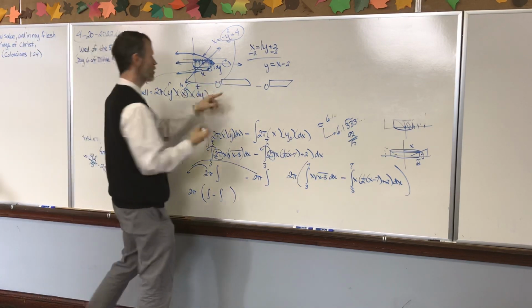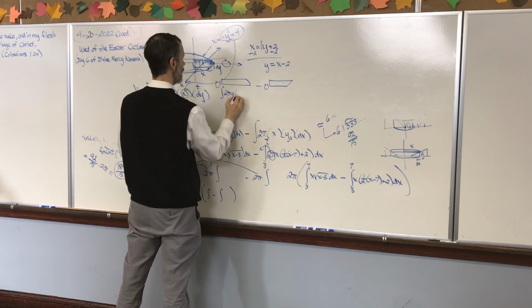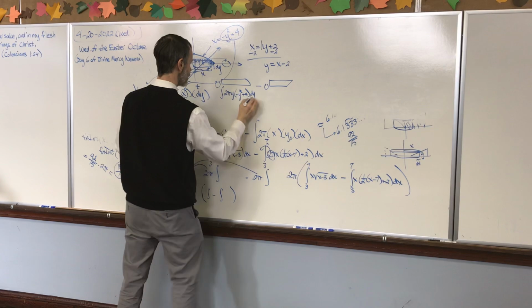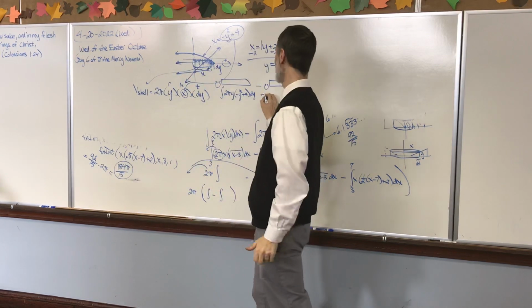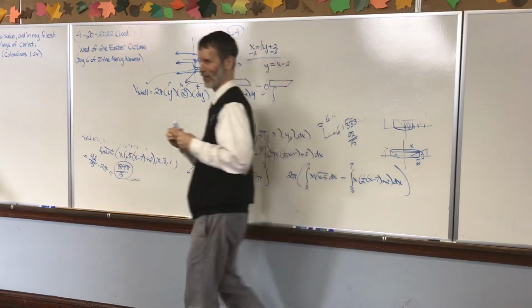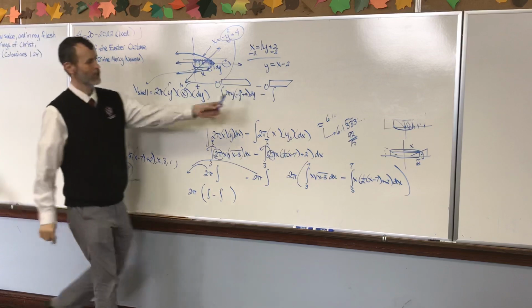Does that make sense? This one is going to be the integral of 2 pi y times negative y squared plus 4 dy, minus another integral. And that's all I'm going to tell you. Use what we have up there to extrapolate what this will be.